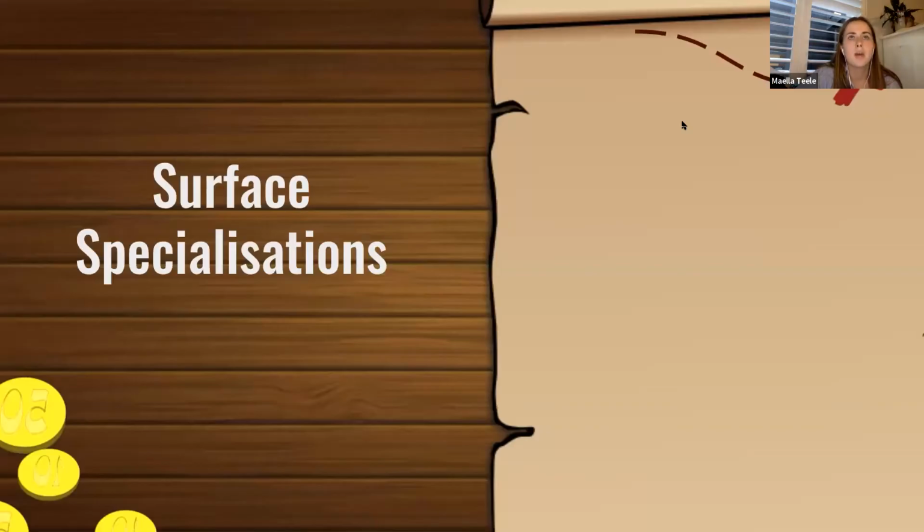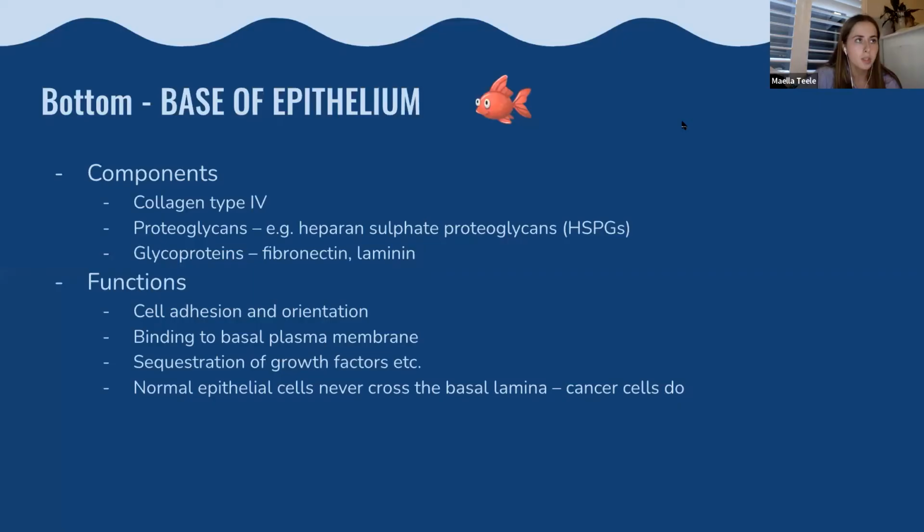Okay, so now we're having a look at some surface specializations on these epithelium. So on the base of your epithelium, it's composed of collagen type 4, proteoglycans, and glycoproteins. And the base of the epithelium functions to adhere the cell. It binds it to the plasma membrane at the bottom.